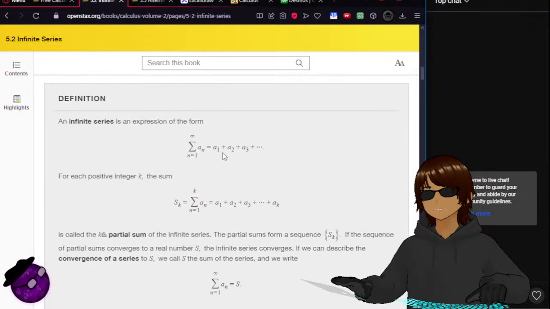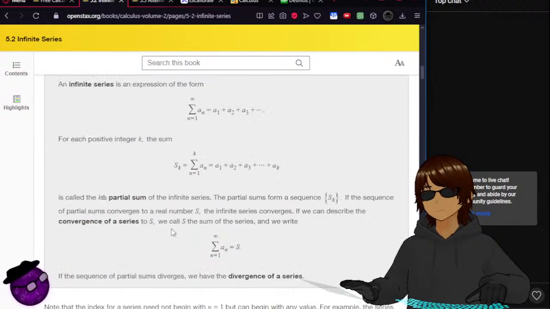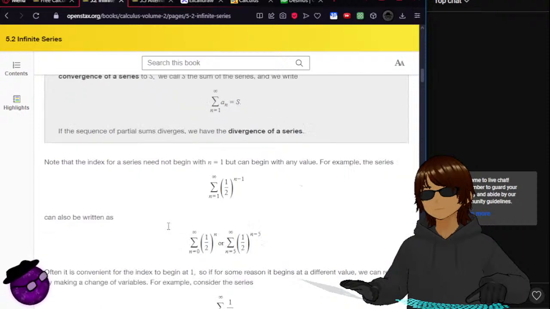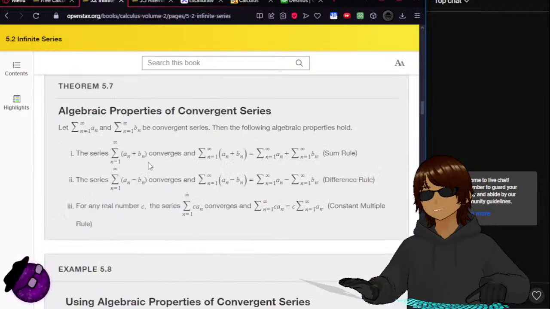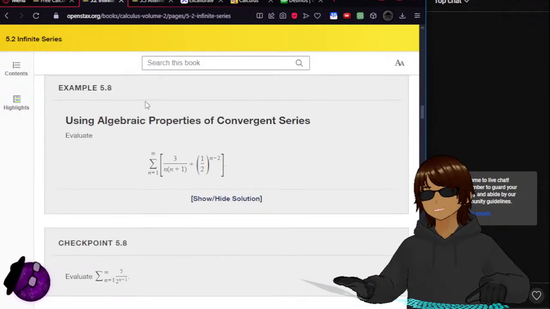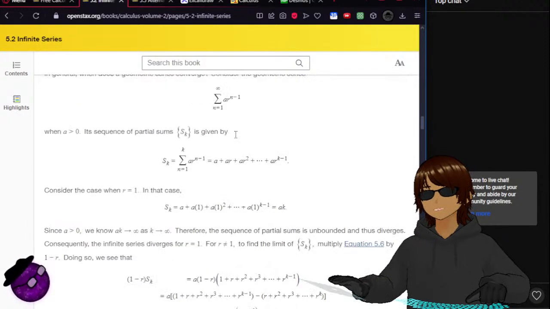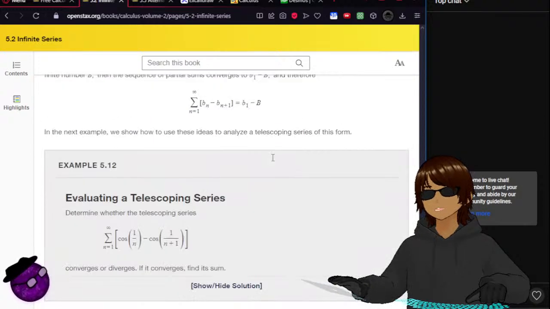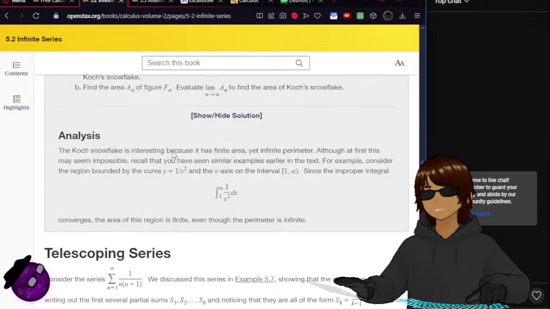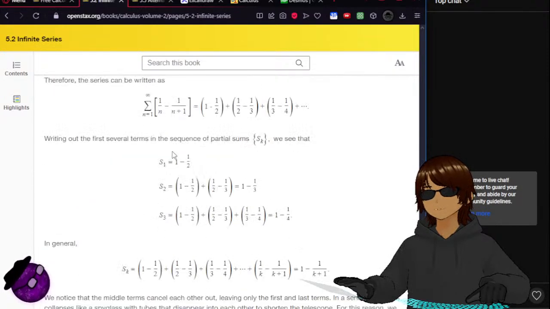Okay, if it doesn't go to infinity, if it's a finite series, we say it's a partial sum of the infinite series. And then they're talking about the harmonic series, algebraic properties. So what part do I need to revise? Oh yeah, telescoping series.